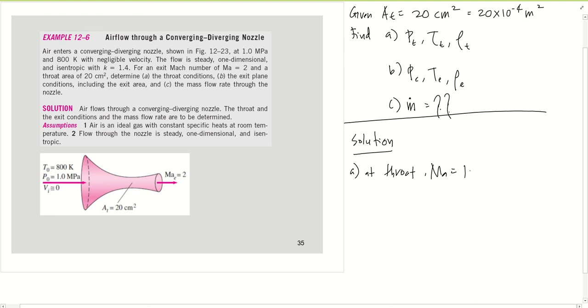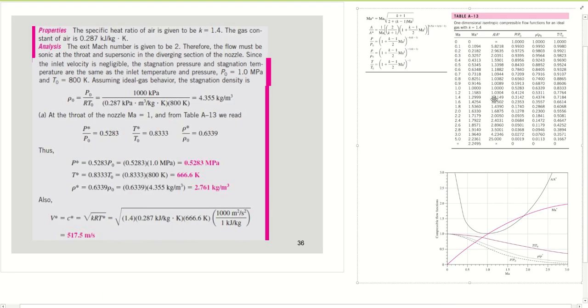At Mach number equal to 1, we can find the pressure, temperature, and rho based on equations, or by referring to the table in the appendix of your textbook. For example, Table A13, the one-dimensional isentropic compressible flow functions for an ideal gas with k equal to 1.4.